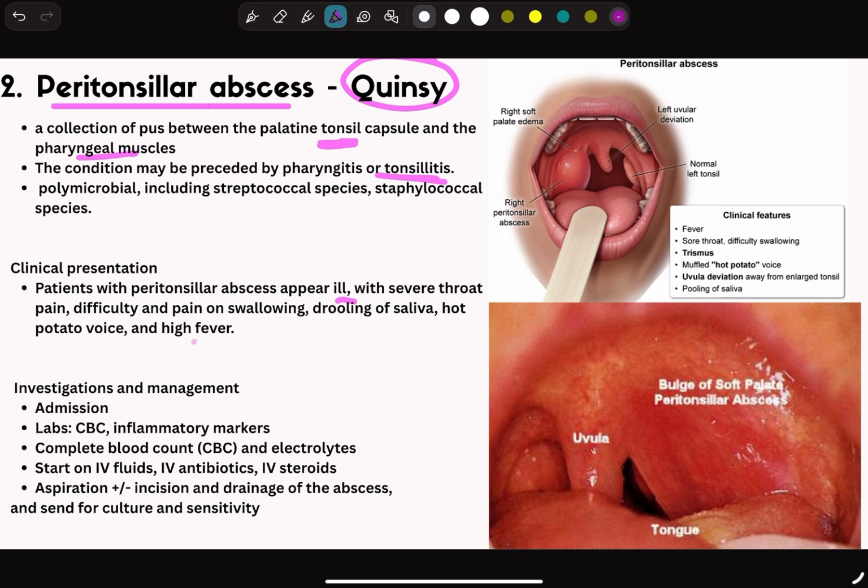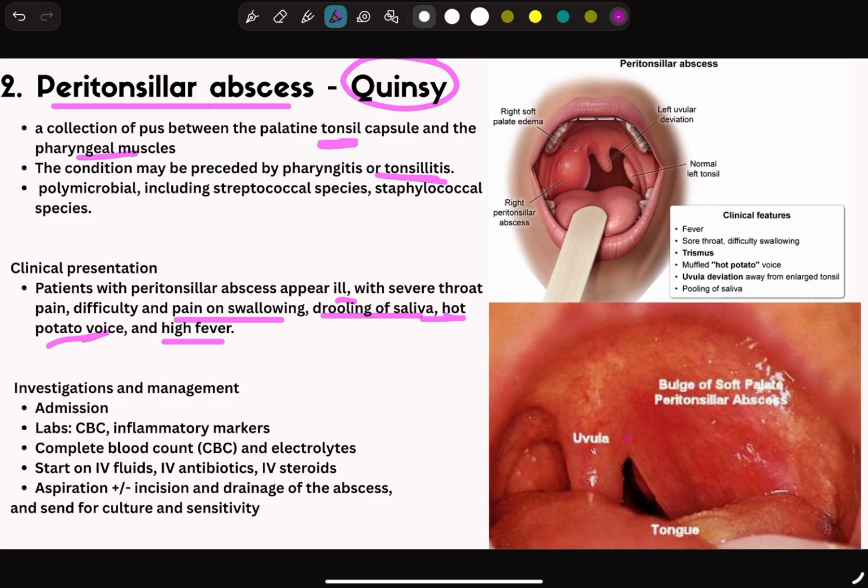They will have trismus where they cannot open their jaw. They will have pain on swallowing, drooling of saliva. They cannot really swallow their saliva. Their voice is very muffled. They have high-grade fever.